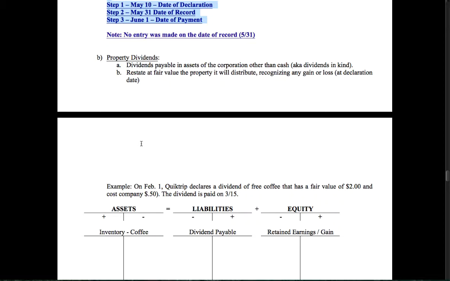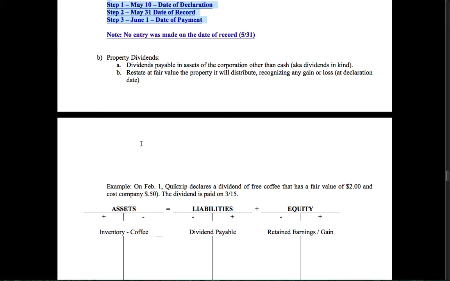However, for the most part, make sure you understand that owner transactions do not impact net income. I will not try to trick you by asking you that and not telling you that property dividends could be the example. And if I do, I apologize and that will be corrected.